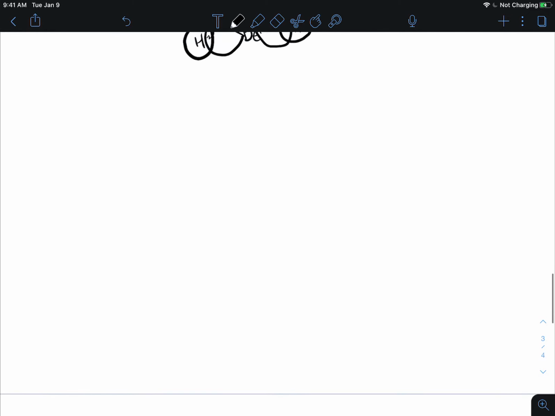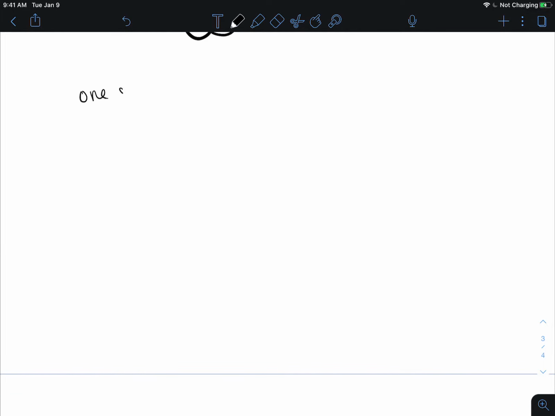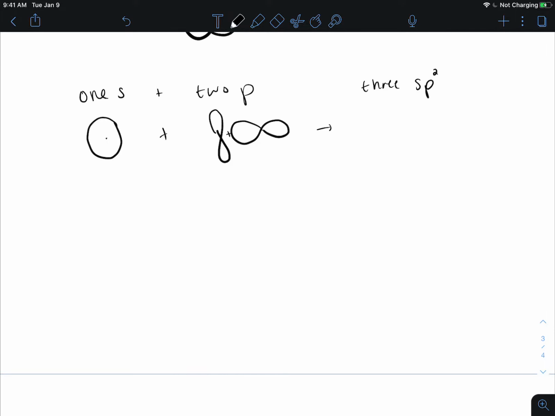Okay. Next, we take one s plus two p. They're mixed, and we get three sp2 orbitals. And they are 120 degrees from each other.